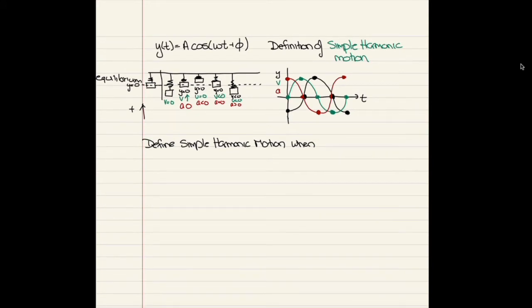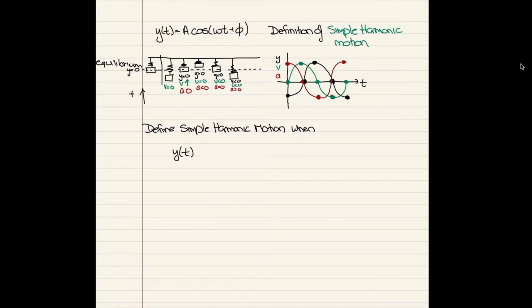In the case of the vertical height of the spray can or the mass on the spring, we can say that simple harmonic motion is motion that oscillates back and forth, up and down, what have you, in such a way that it can be described by a sine or a cosine function.